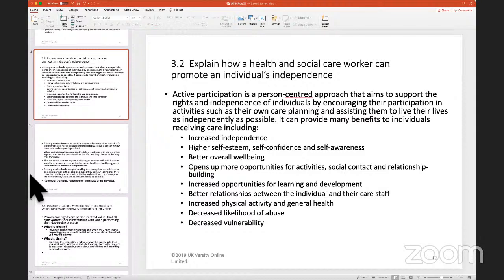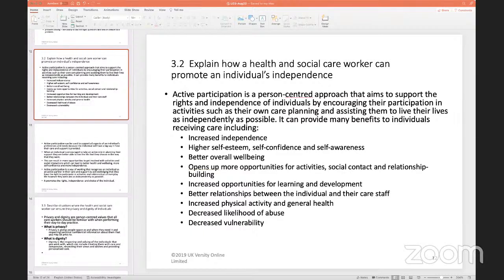And this is all possible because we are getting the individual involved, as the individual's ability to participate in the care plan is considered. So there is lots which can be discussed when we talk about independence in terms of person-centered care.